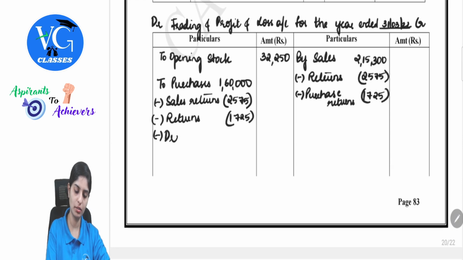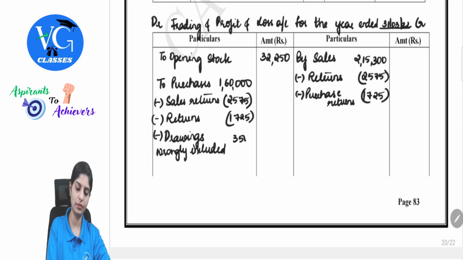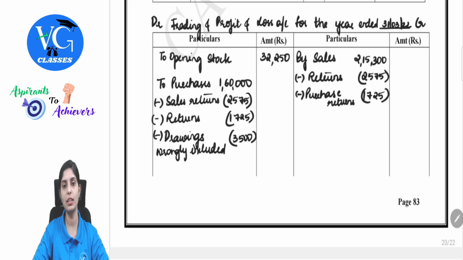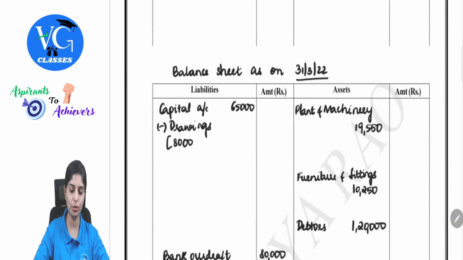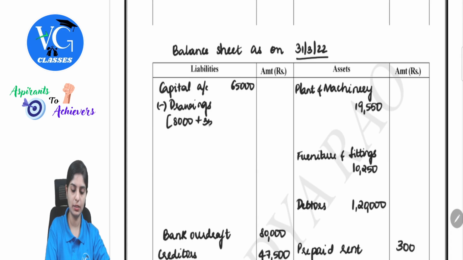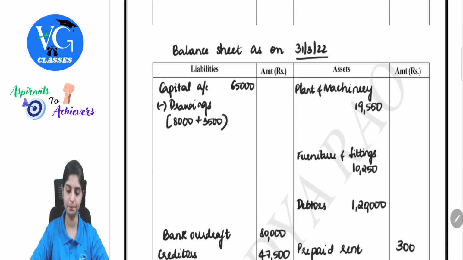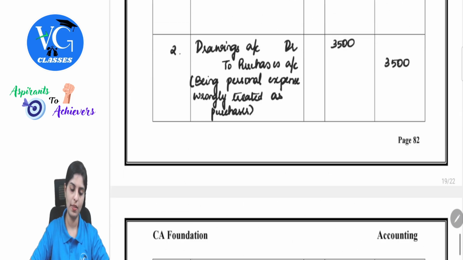So minus drawings wrongly included 3500. Now this 3500 should be additionally added to drawings plus 3500. Clear? Yes. Next point.